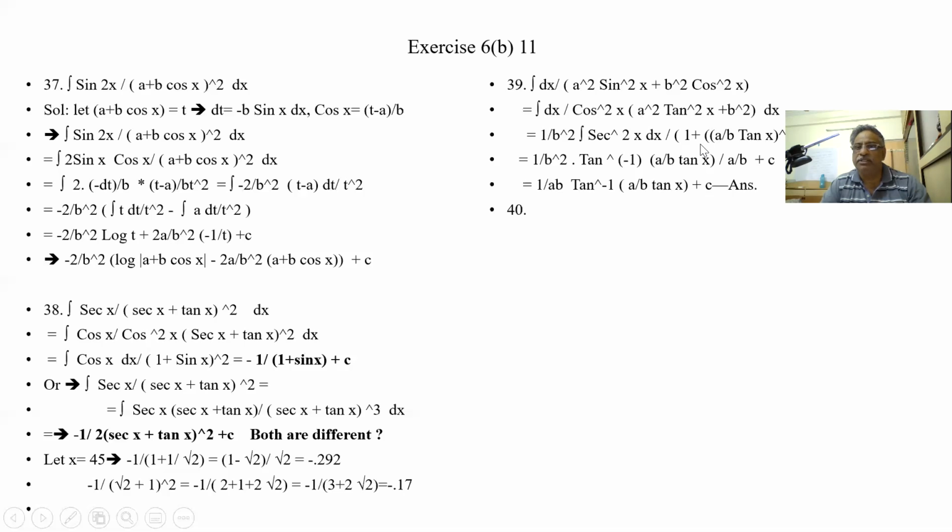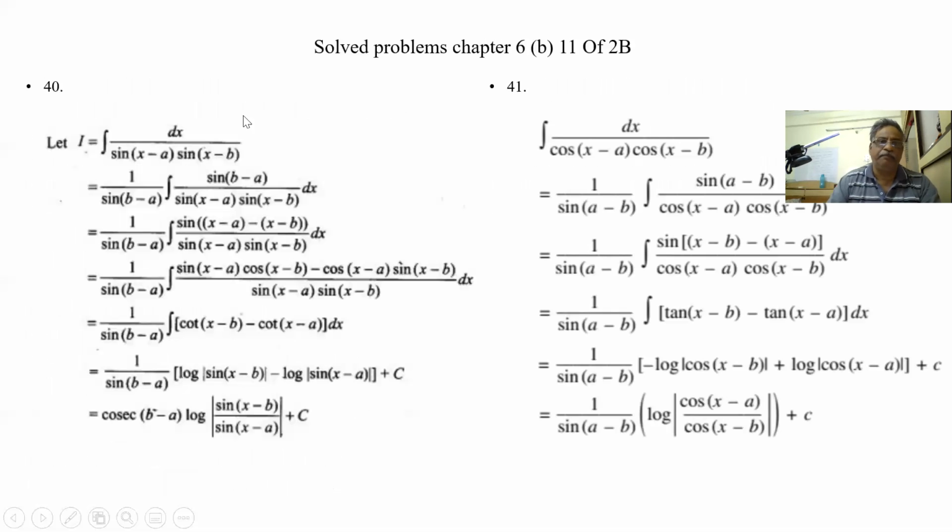So we can say this is tan inverse a by b tan x. Tan inverse a by b tan x, by the multiple tan x a by b, into secant square x dx is already there. So this we have converted into f dash x by 1 plus x square. Of course, these numeral terms we have taken into the denominator. So this is tan inverse fx plus c.